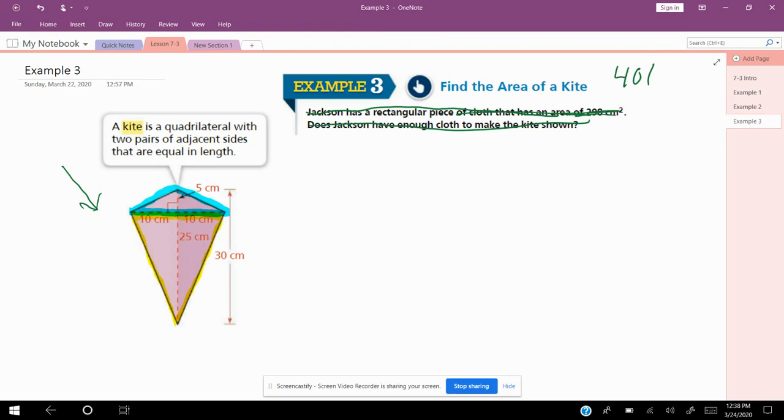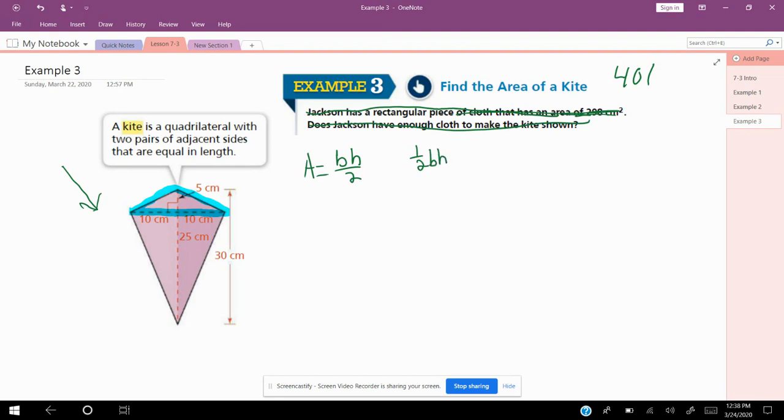I could really break it up into 4 triangles, but it's going to be way easier if I break it up into 2. So for that blue triangle, I want to figure out, let me get rid of the yellow for now, I want to figure out the base. And remember, for any triangle, my favorite is area equals base times height divided by 2. Again, you can do 1/2 base times height.